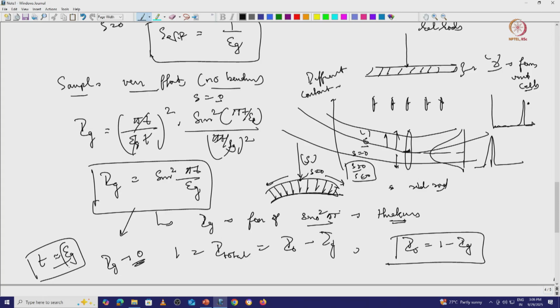That is why psi g is called the extinction distance. What is extinction distance? It is the distance from the sample surface where your intensity goes to 0, again it rises, again goes to 0. So this value particular is called the psi g value. As the definition of psi g, this psi g value is different for different atomic planes.